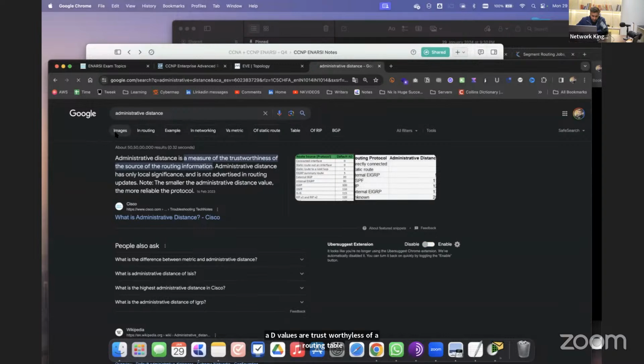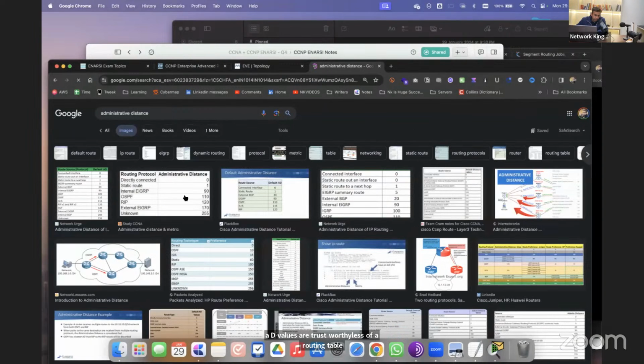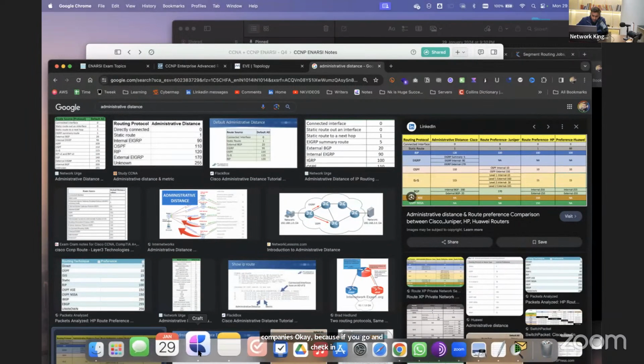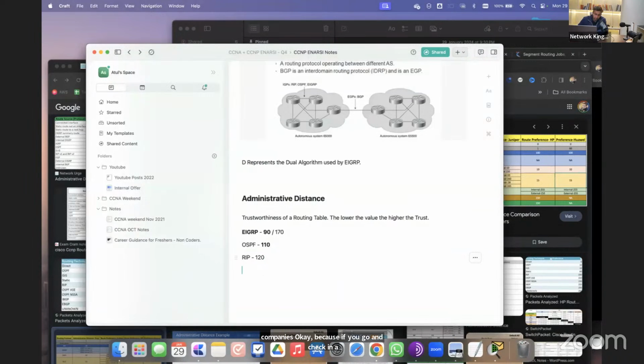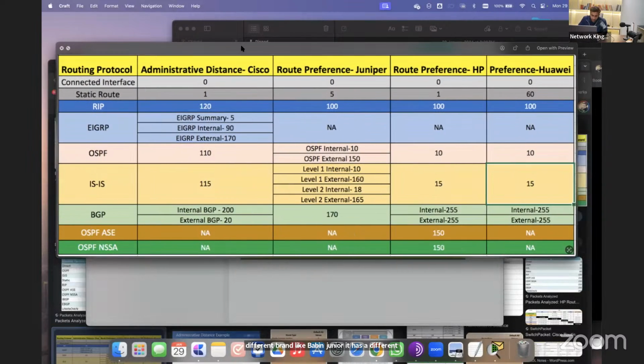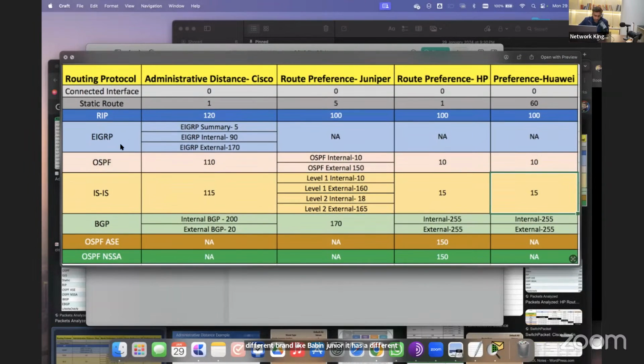Okay, and these are specific to different companies. Because if you go and check in a different brand, like maybe in Juniper, it is a different number. Let me add the big chart here. You can see if you talk about EIGRP, that is only in Cisco, because only Cisco devices support EIGRP. EIGRP has an internal 90, external 170, and there is a summary which we call 5 also.